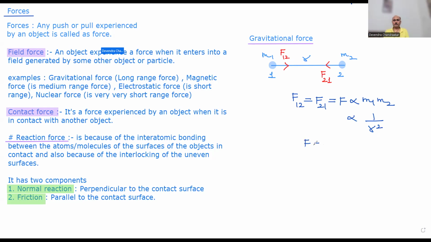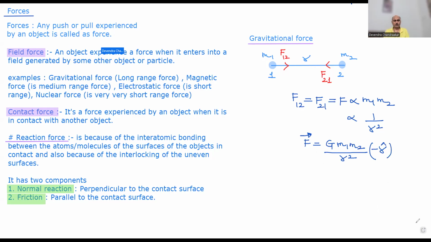So the proportionality constant happens to be capital G, and this is G m1 m2 by r squared, right? It is an attractive force. So this is minus r cap.